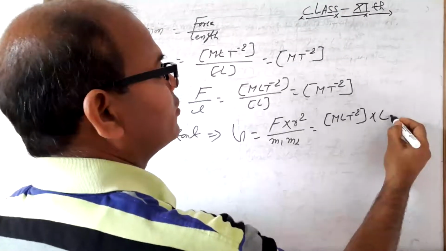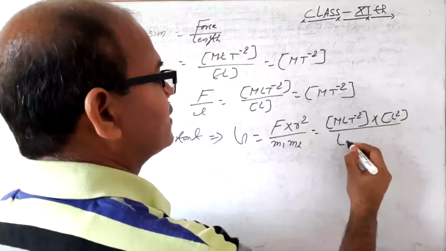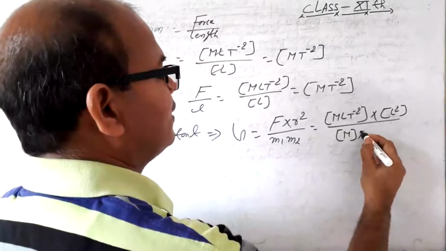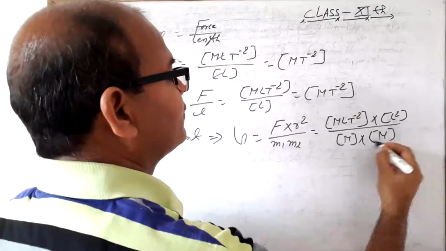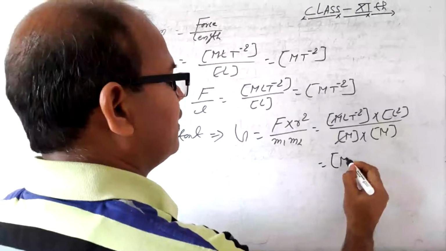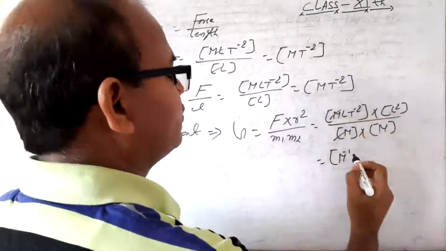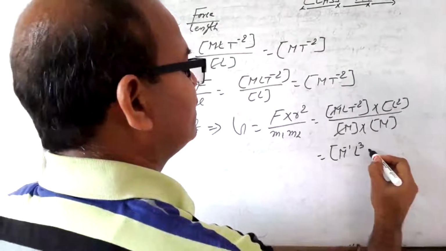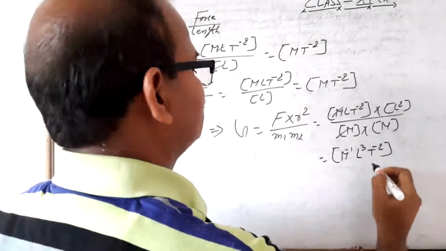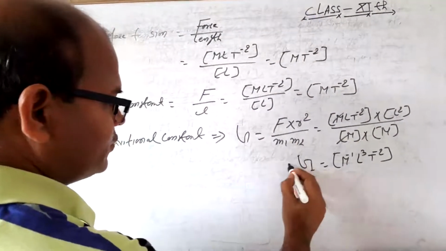R for distance means L to the power 2, and two masses, M and M. So M cancels, and M to the power 1, L to the power 1 and L to the power 2 means L to the power 3, T to the power minus 2. This is the dimension formula of the gravitational constant.